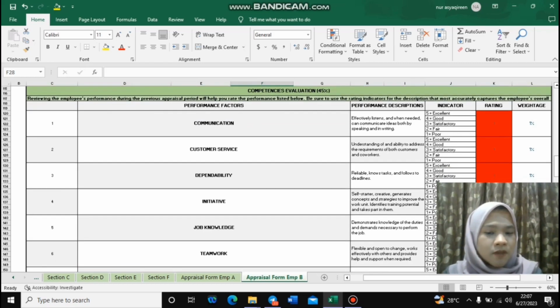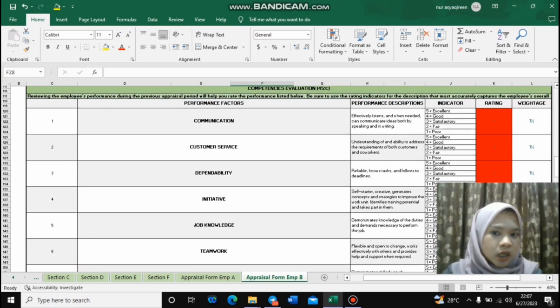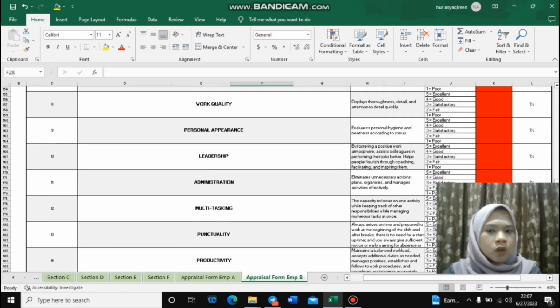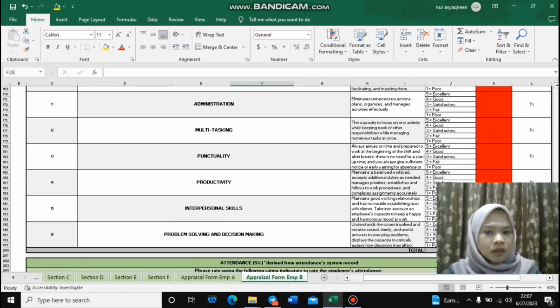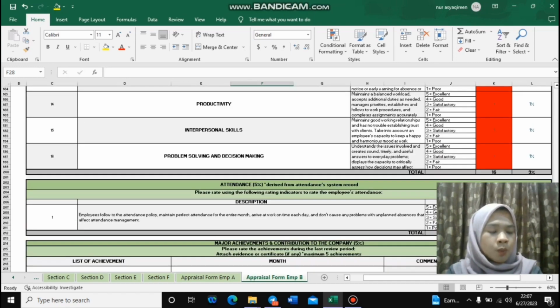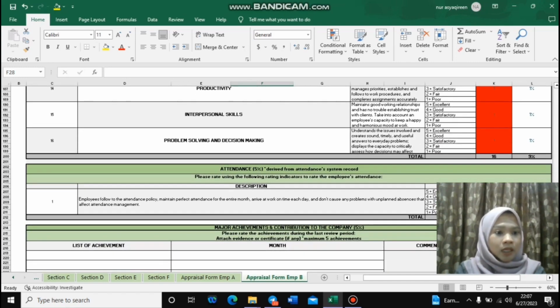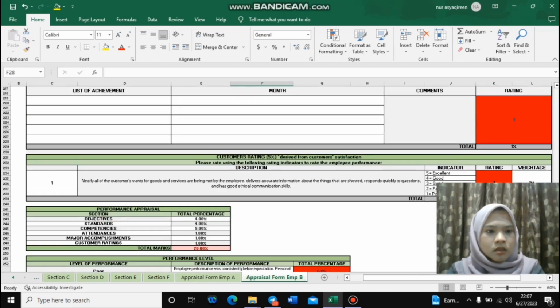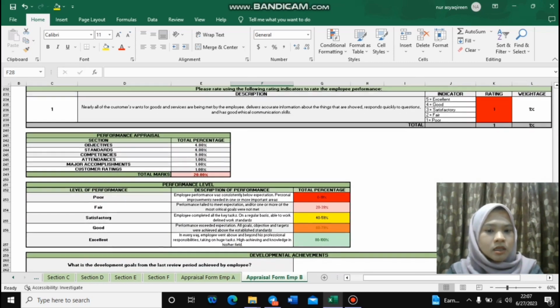Also the competency evaluation: communication, customer service, dependability, job knowledge, teamwork, and all the performance factors here, they get poor results, which is the poor rating, and the employer gave them the 1 rating, and the attendance also gets the 1 rating. And yeah, this is the example for the bad employee. And that's all from our team, and thank you.